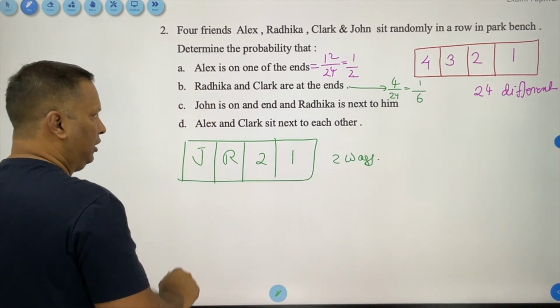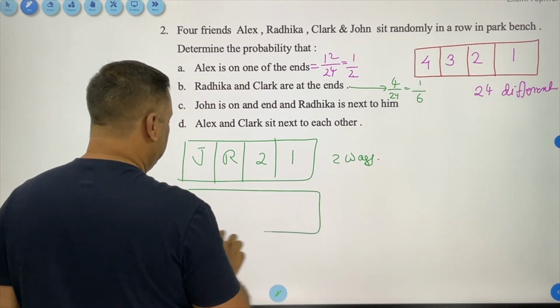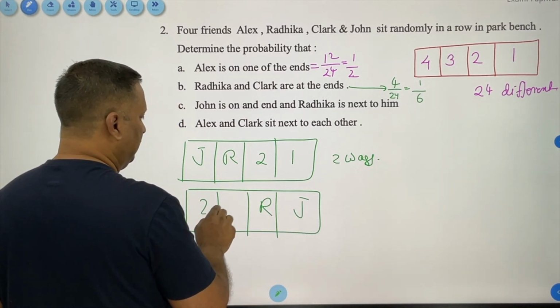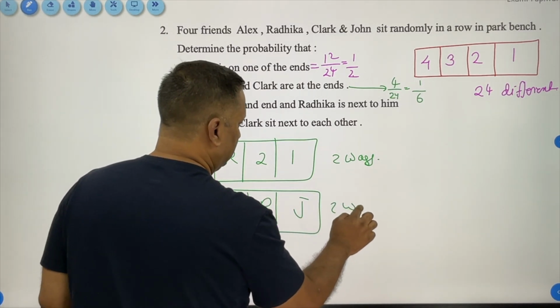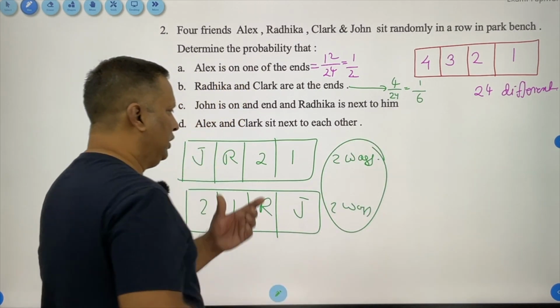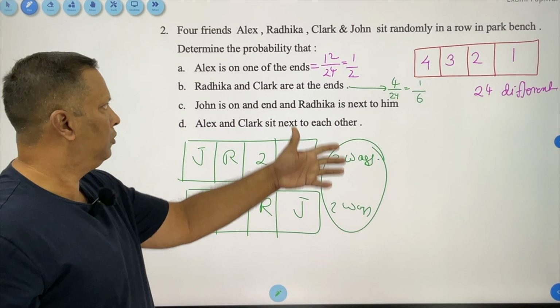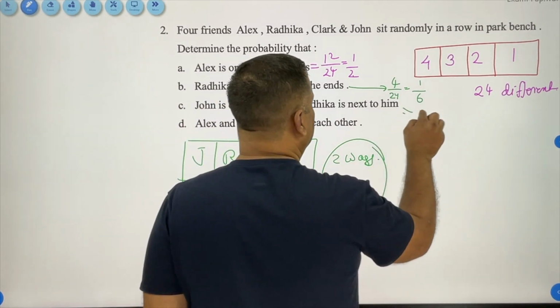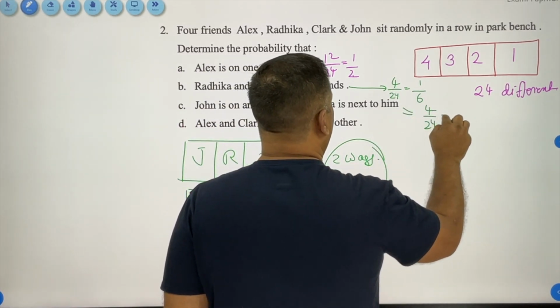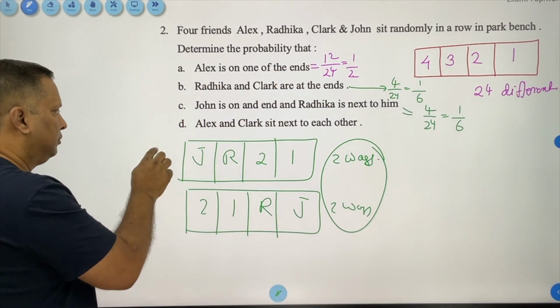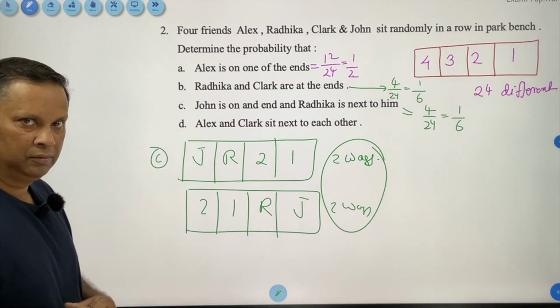The other 2 kids will adjust. And this time, John is on this end and Radhika is here. Once again, 2 and 1, 2 ways. Total 4 ways this combination is possible. So 4 upon 24, which is 1 upon 6. Part C done?